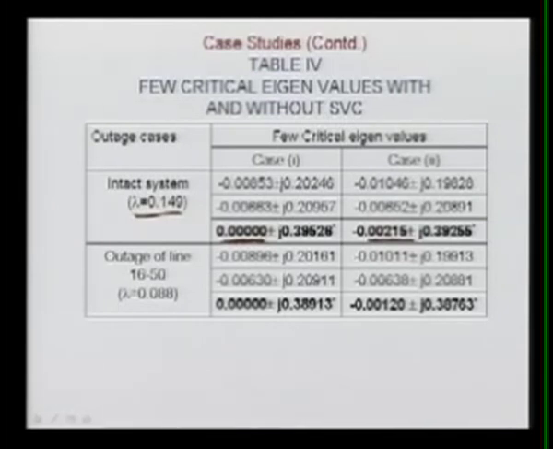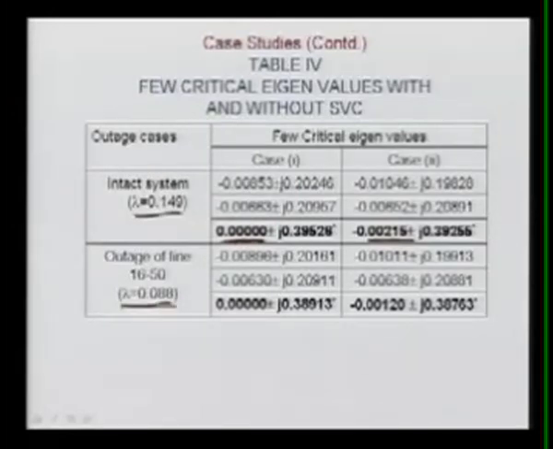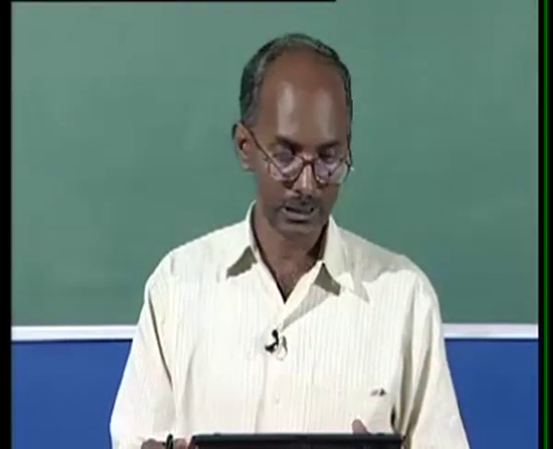Now the Hopf bifurcation is improved, there is no Hopf bifurcation at all for the intact case. For the outage of this line, at this loading we found that the Hopf bifurcation is occurring, but at this loading we have avoided it and this value is not 0. So we can say that the dynamic as well as the static voltage instability are improved with the help of the FACTS controller. Correct?